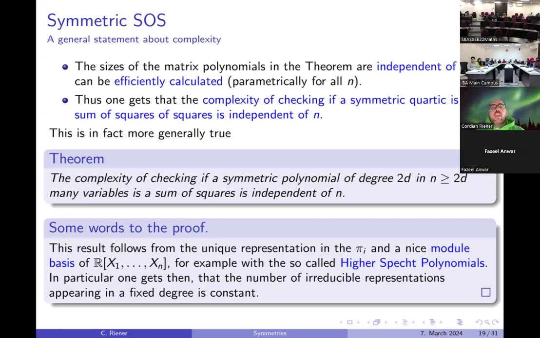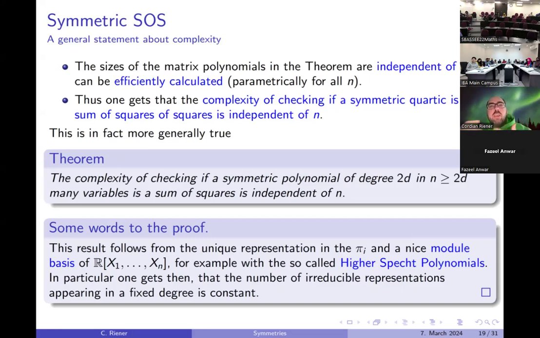What I actually should have said is that the size of these Gram matrices does not grow with n. The sizes of these matrices do not grow, and the entries of this Gram matrix that I need to check can be explicitly written down parametrically. The catch is that they are parametrically dependent on n.